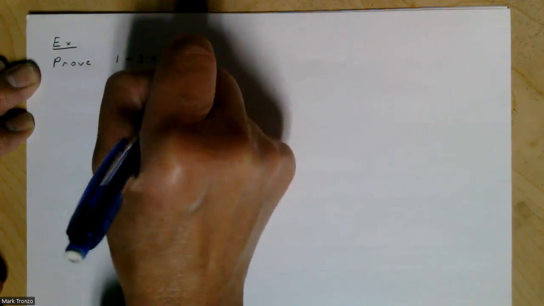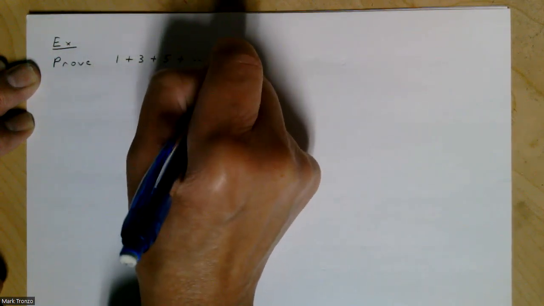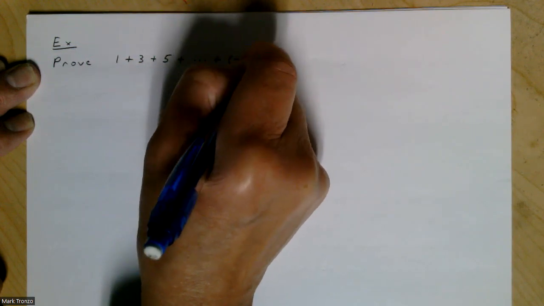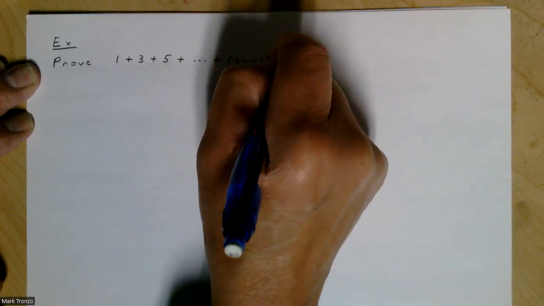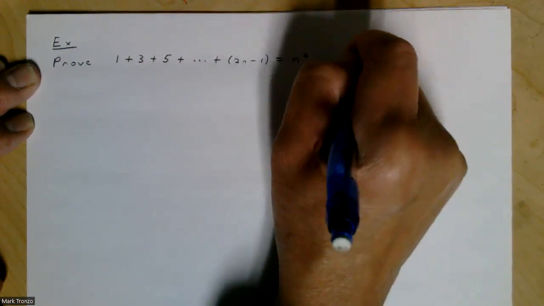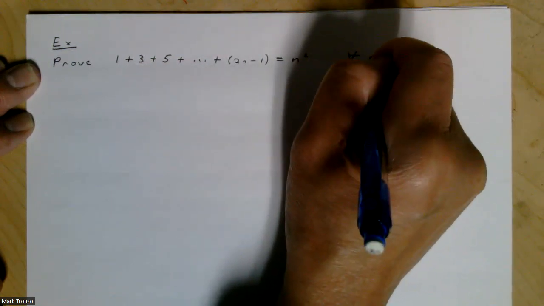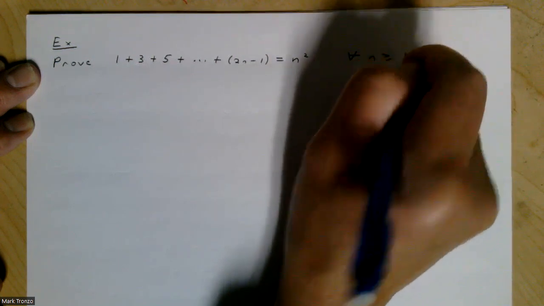So let's try to do a more complicated one. Another example. Prove that this is true for all n greater than or equal to 1.